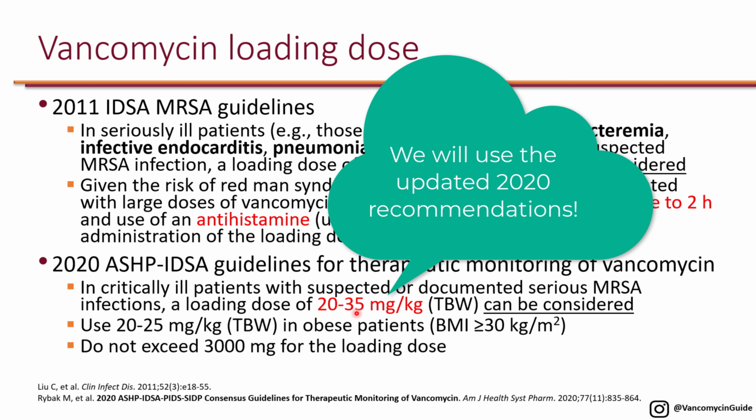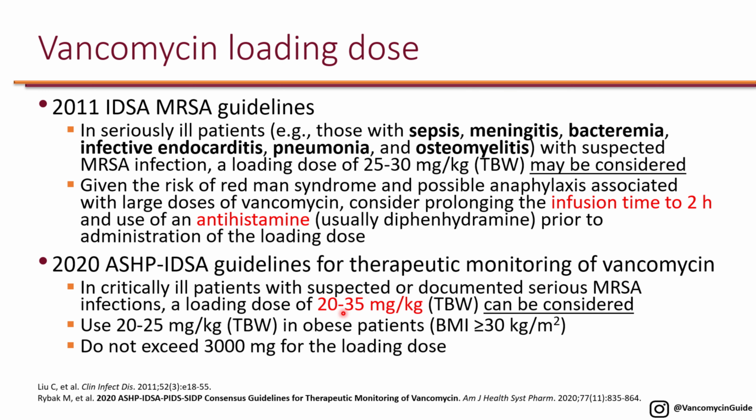They increase the range basically to allow better use of your judgment, so you can decide based on different characteristics of your patient which one would be more appropriate. And again, the language is can be considered, so it's not that you have to do it, but it makes sense to give this to patients with critical illness because they are at increased risk of mortality.